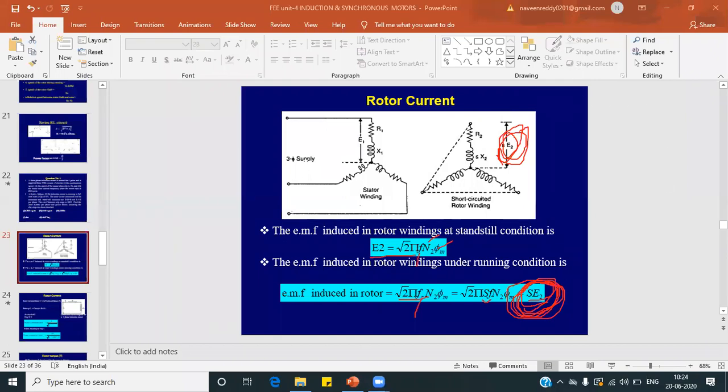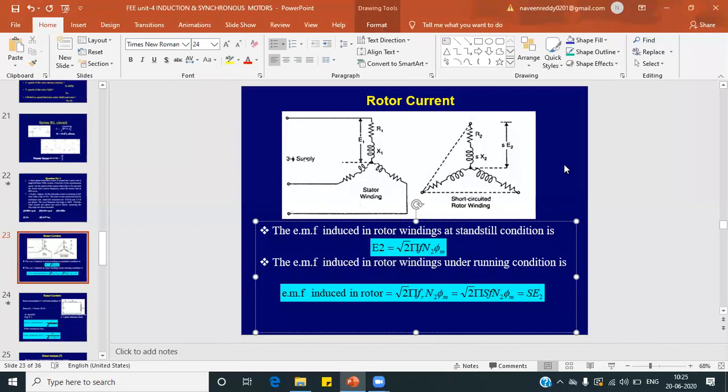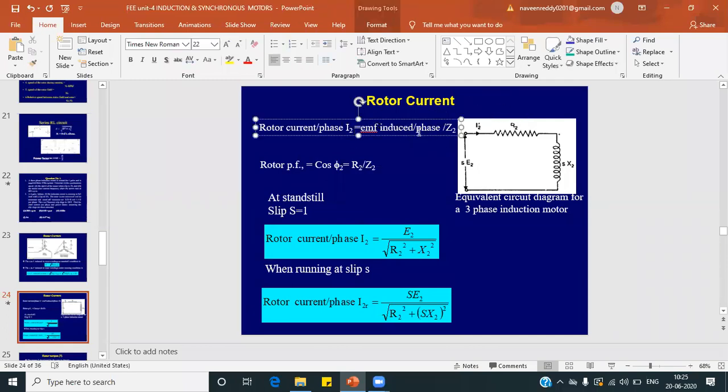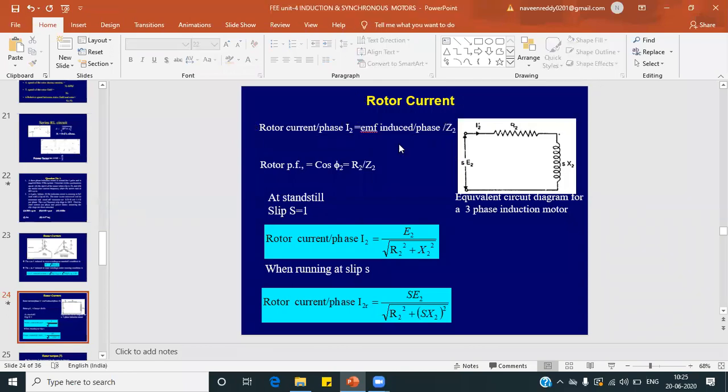Right. So now let's go to the next slide. We discussed the series RL circuit, right? So you know I2 is equal to EMF by impedance, just like V by R, whereas the equivalent of resistance in the AC circuit is impedance Z2. This is the torque equation, so we mainly concentrate on the rotor circuit only.